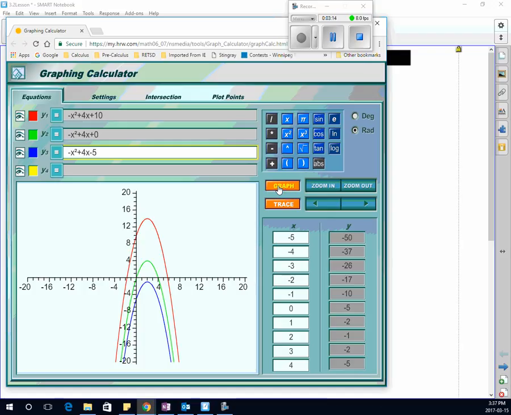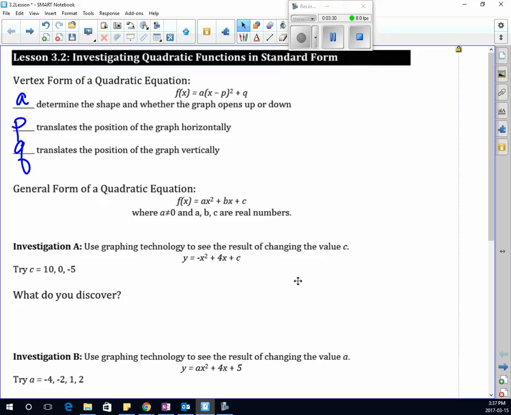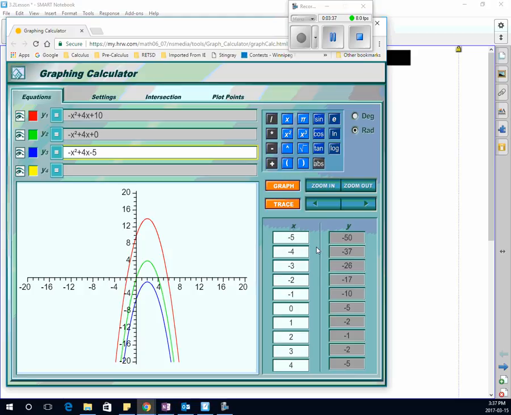So what do you notice about the graph when I change the c? Is the vertex moving at all? Well, it's not moving left or right, but do you notice that it is moving down here? So what else do you discover? Well, let's look back at this graph here. Where does it cross the y-axis here? Oh, look, 10, 0, and negative 5.